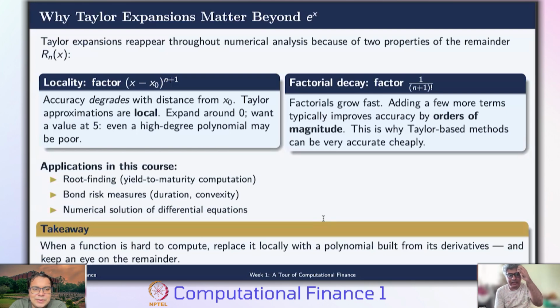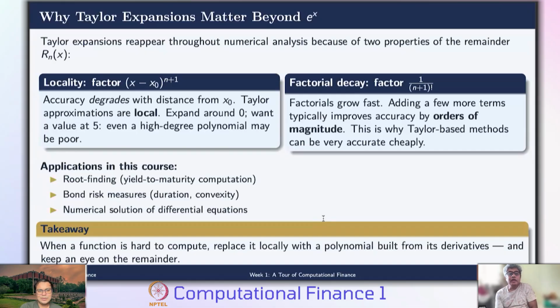That is the idea, and I think we'll find several applications later in the course, and go into more details on many functions. There are three we pointed out here. One is root finding, like yield to maturity computation: you have a bond, and if you want to compute its yield, that is one immediate application.